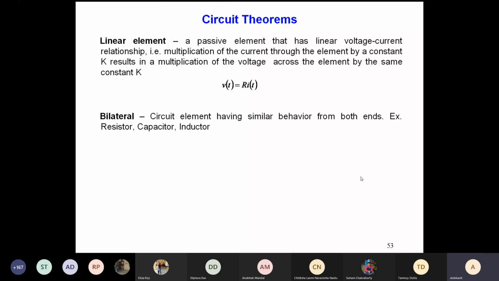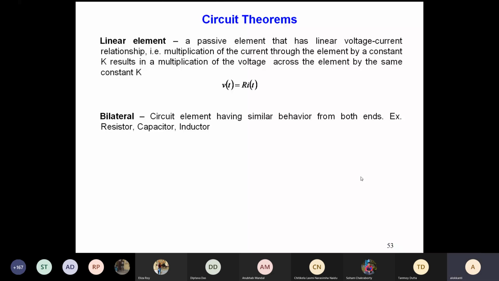Suppose you have a piece of resistance, I showed a lot of colorful resistance pictures in the last class. If you connect the voltage source at either end, it will carry the same amount of current. That is how the resistor works. You must have done some experiments in school using resistances. So that is bilateral, because it works in both ways.